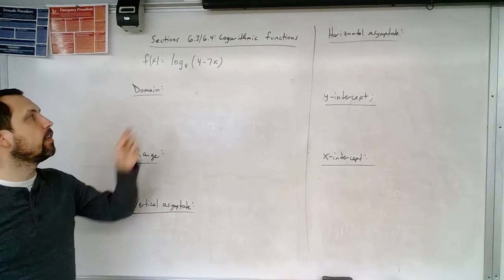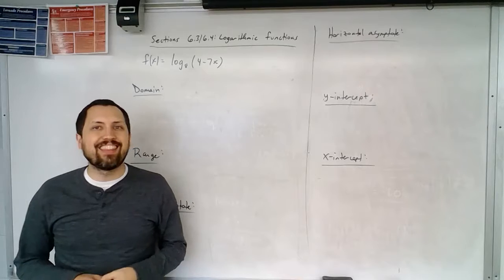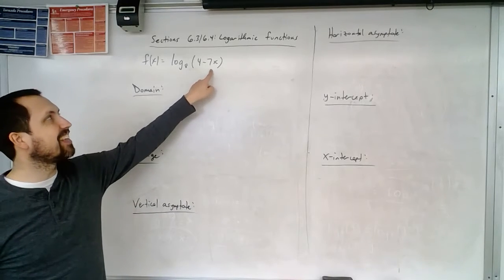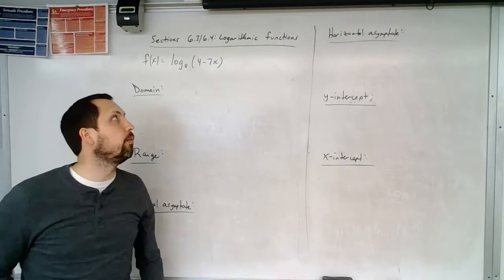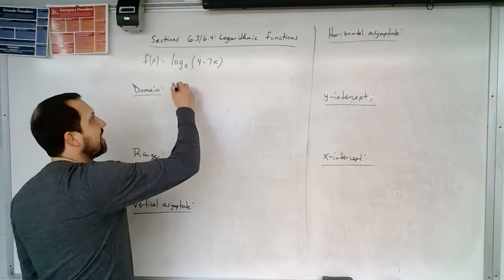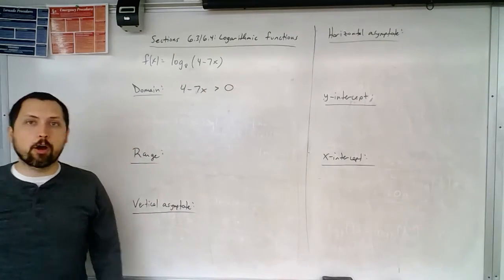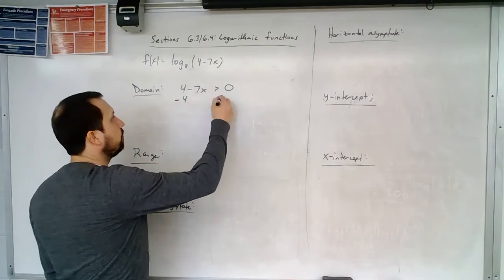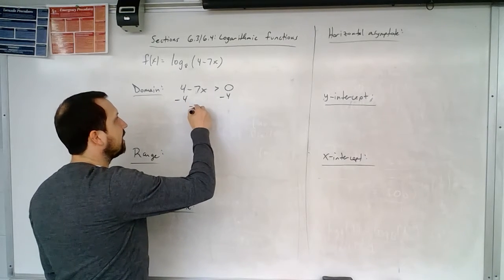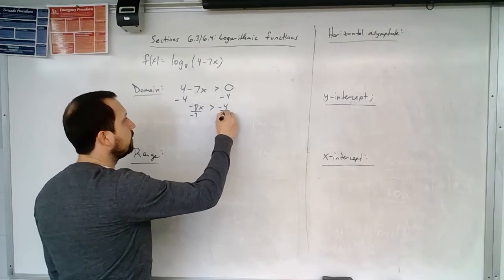So domain. If you remember, there was one rule that we had for domain of logs. That said that whatever was on the inside of my log, that had to be greater than 0. So I take the inside, 4 minus 7x, and I set that greater than 0. Then I solve this, so I subtract over 4, so I have negative 7x is larger than negative 4, divide by negative 7.